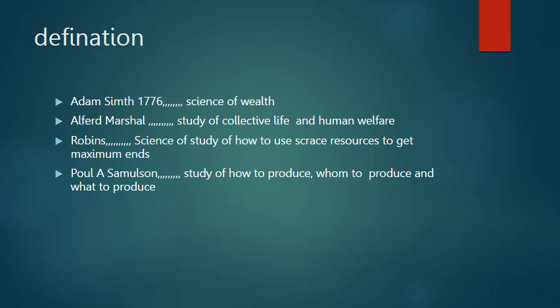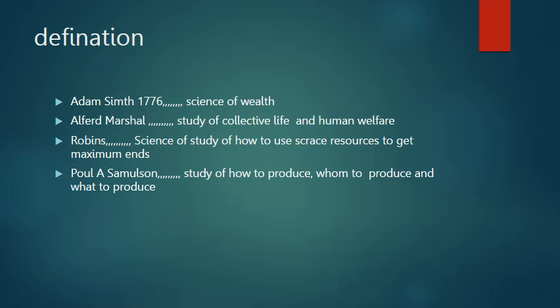And what to produce, what things we should produce. For example, we should produce more CDs, or we should produce more cloth. What should we produce, in what quantity, in what numbers? So Paul Samuelson said that to study all those things is the study of economics.